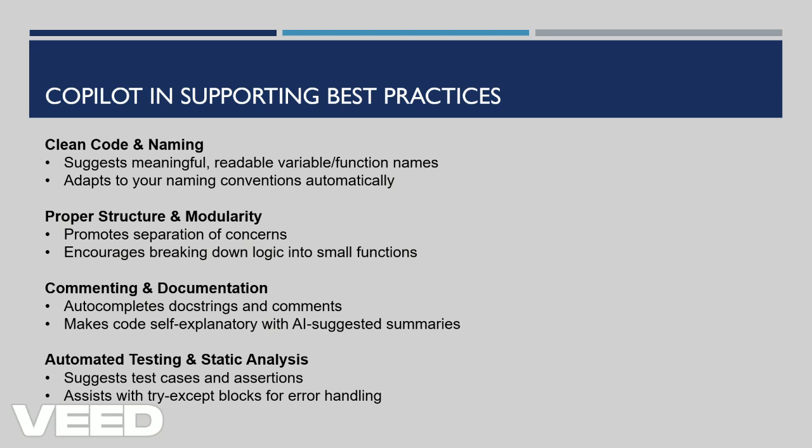Commenting and documentation is pretty straightforward. Right there it auto completes and creates the relevant description of the function, and also it enables testing through relevant test cases, and also proper error handling is always in the forefront of its generation.